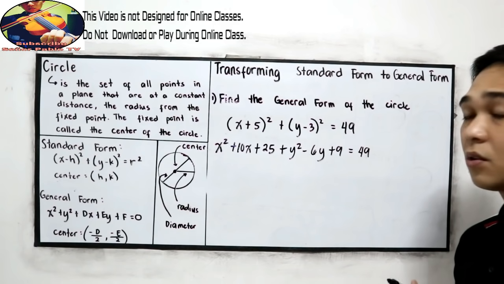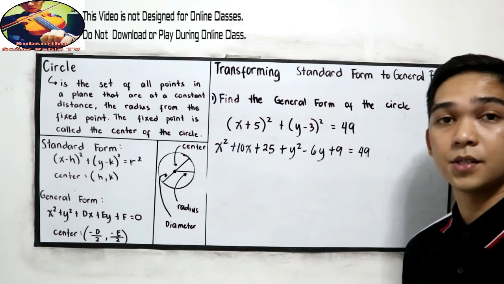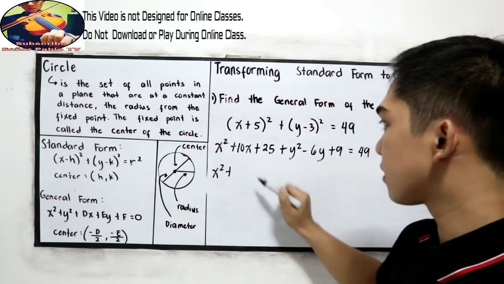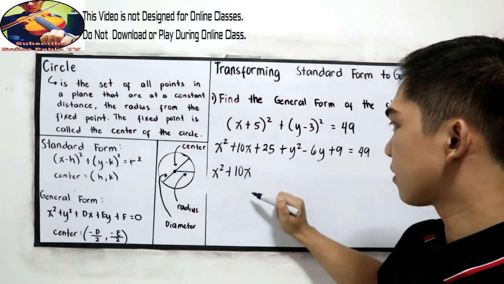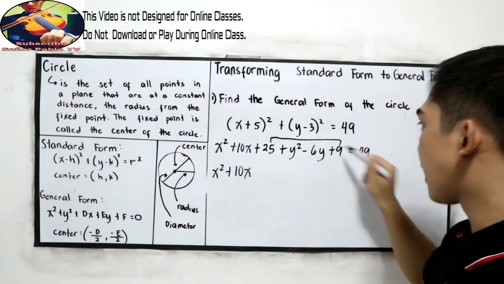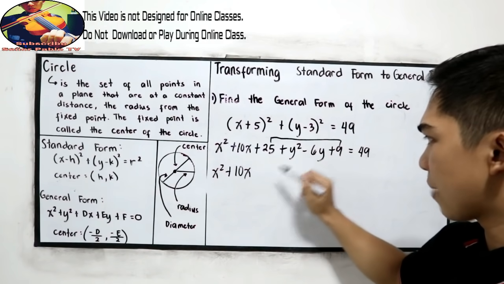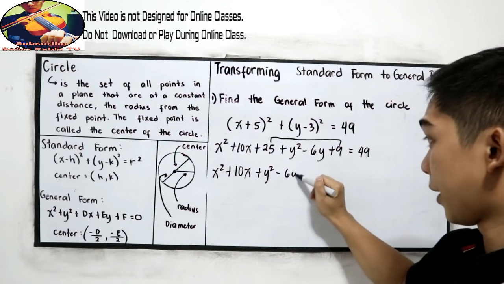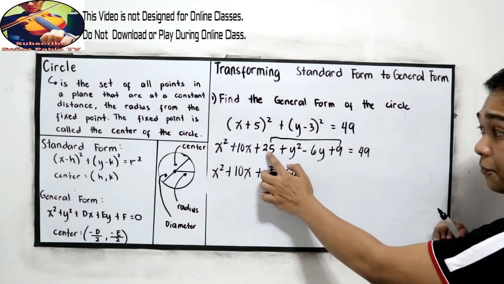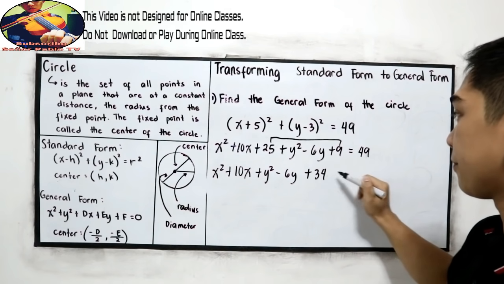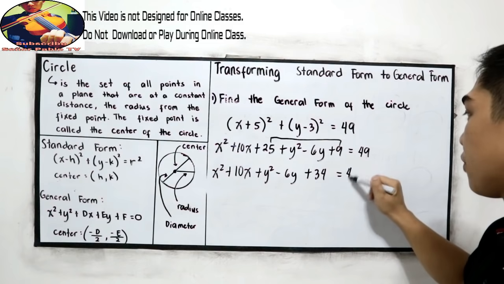And now, combine like terms. So, x squared plus 10x. We can combine 25 and 9 here, so let's just copy first. Plus y squared minus 6y. 25 plus 9 will give us 34. Is equal to 49.